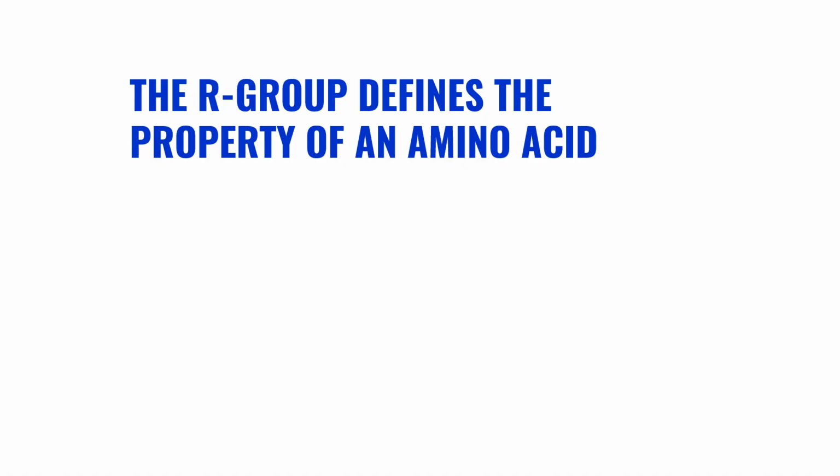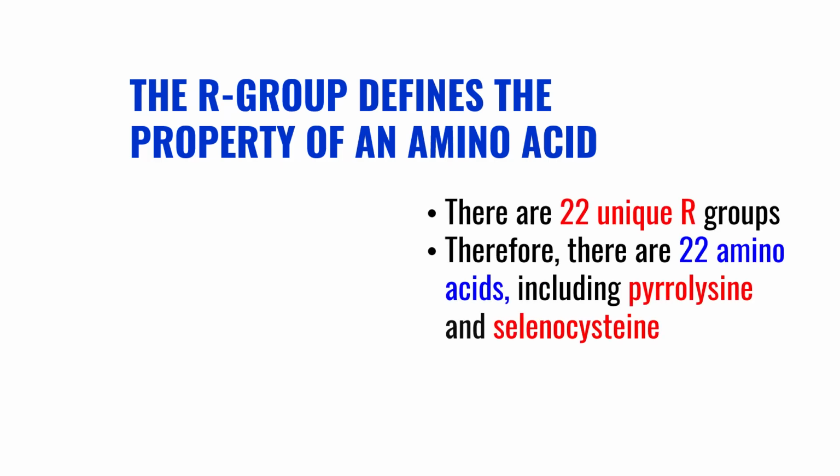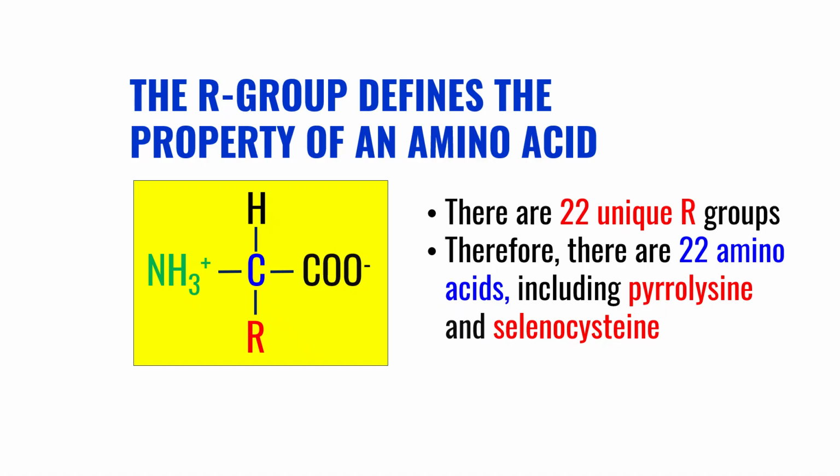So we have seen that there are 22 different types of R group. Therefore, there are 22 different types of amino acids, including pyrrolysine and selenocysteine. So basically, you can say that the R group defines the property of amino acids. These two amino acids, pyrrolysine and selenocysteine, are not present in each and every protein.